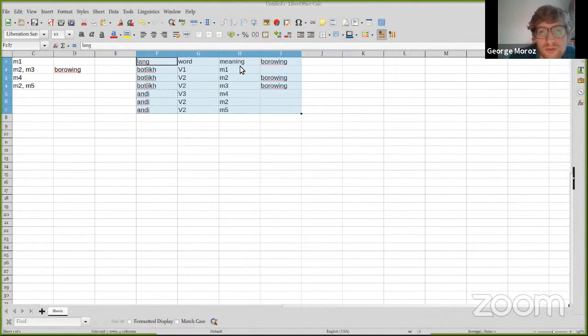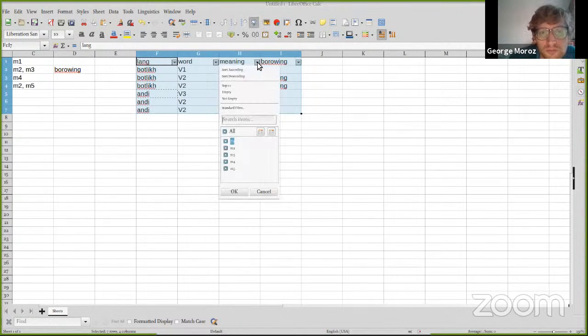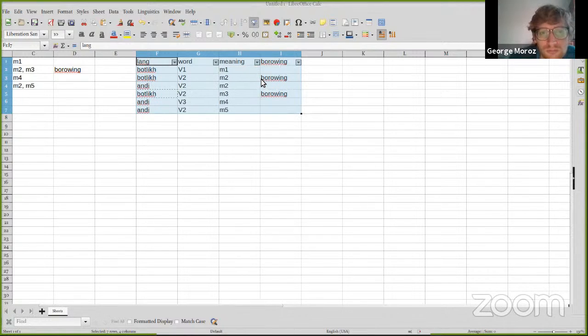And if we have this kind of table, we can sort by meaning. And then suddenly realize that this word is possibly also a borrowing because we have a notation for another word. And we can get this.